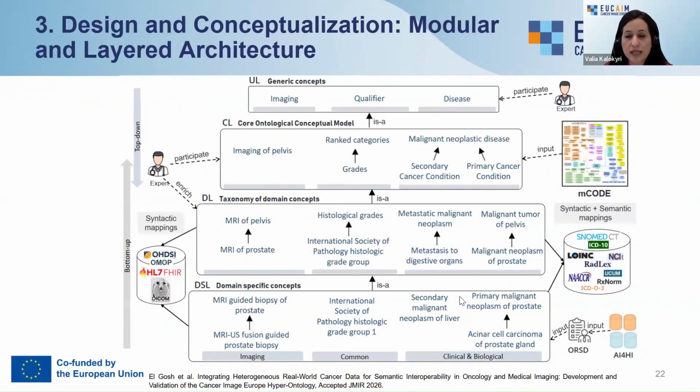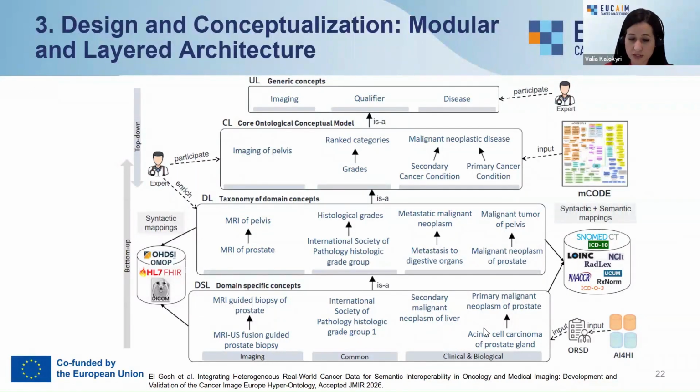And we go to the third step, which is the design and conceptualization of the ontology. As you see here, it is a modular and layered architecture. Let's see what this means. At the bottom, we have three modules: the clinical and biological module, the common module, and the imaging module. We have these modules because the ontology is really big in size, and each has specific conceptual information.